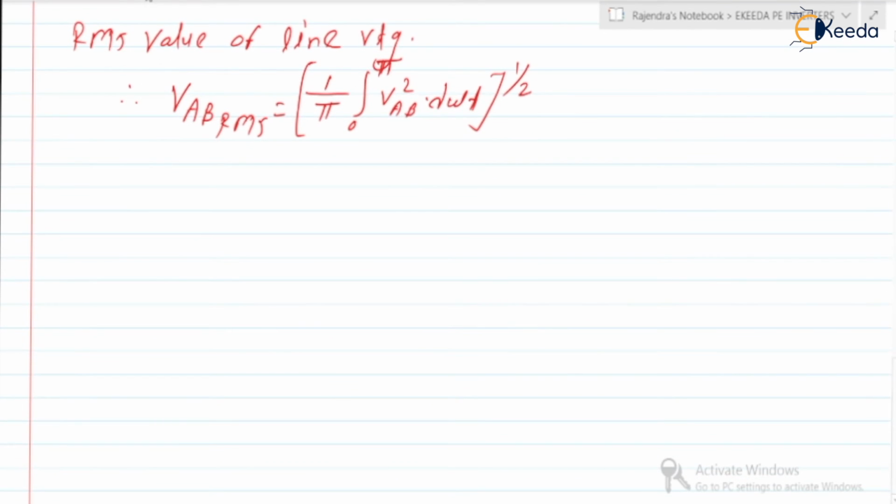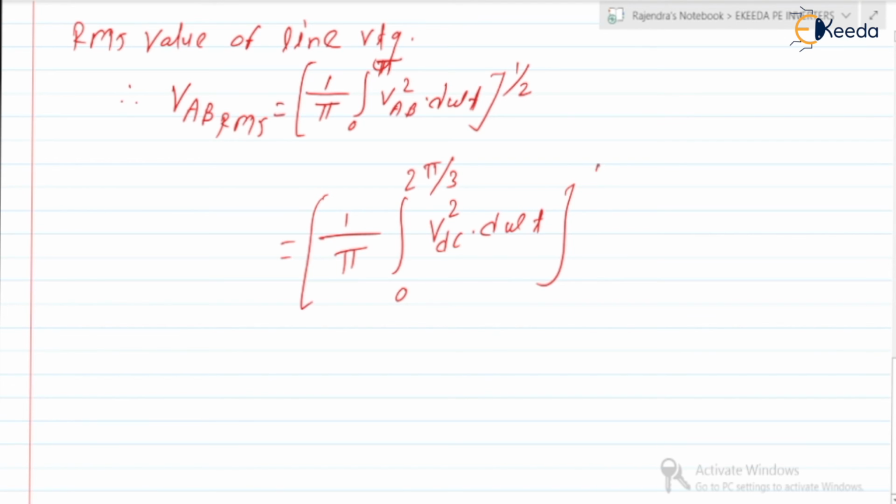This simplifies to VAB RMS equal to 1 by pi integration from 0 to 2 pi by 3, where it is non-zero, of VDC square d omega t, to the power 1 by 2. Taking VDC square outside, it is VDC by root pi into (2 pi by 3, after putting the limit) to the power 1 by 2.